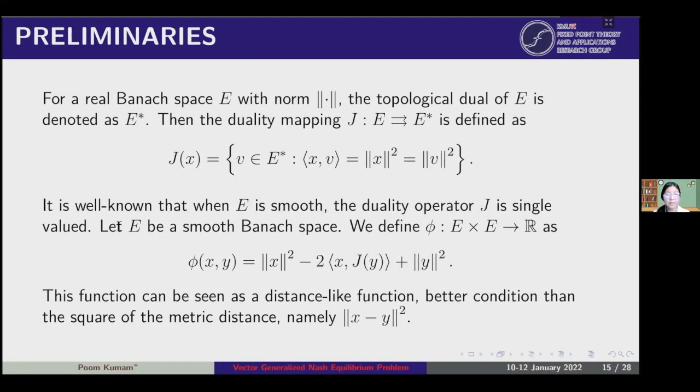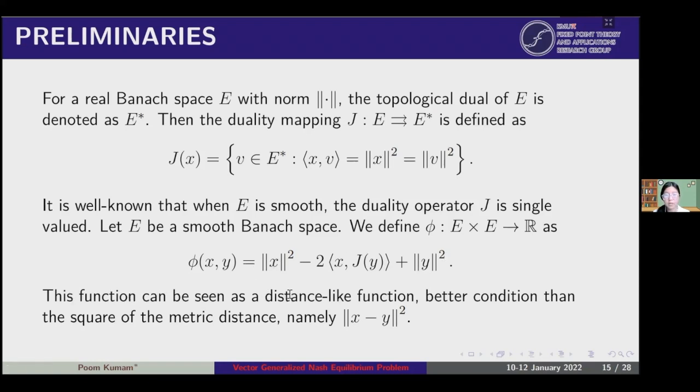If we let E be a smooth Banach space, we can define phi as the distance-like function. It is defined as phi of x, y equals the norm of x squared minus 2 times the product of x and the duality mapping J of y, plus the norm of y squared.